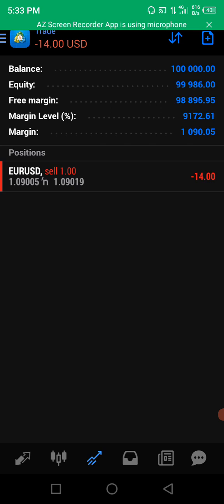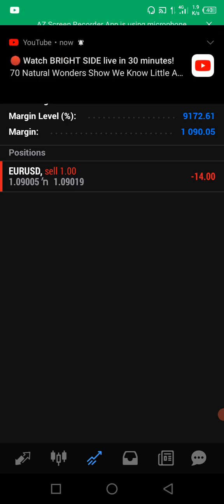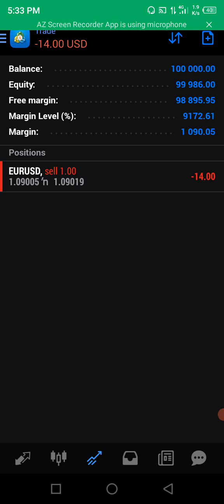So let's assume we are in profit and we wanted to close part of the trade. We want to take out something from what the market has already given us.